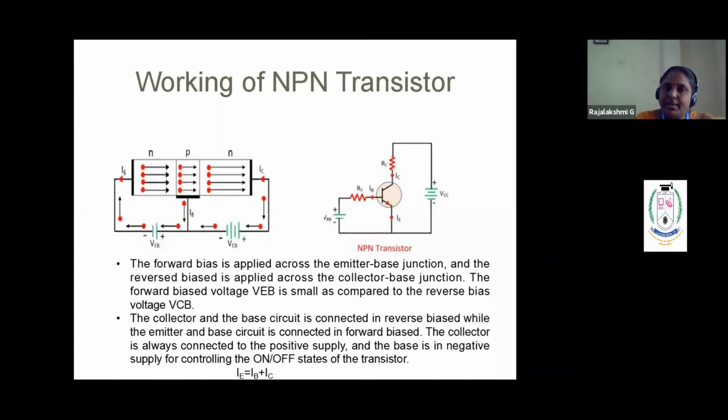We know that when N is connected with the negative side of the battery and P with the positive side, it is a forward biased diode. Same way, on the right-hand side, the PN junction is reverse biased. When the N side of the device is connected with the positive terminal of the battery, and the P type is connected with the negative side of the battery, we say it is a reverse biased condition.